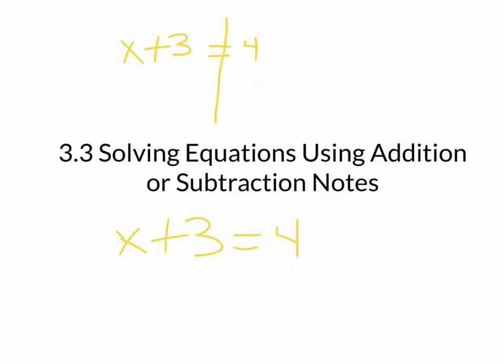Second step: to get rid of a positive 3, you have to subtract 3, because 3 minus 3 gives you 0. So technically you have x plus 0 equals 4 minus 3, which is 1. Anything plus 0 is just x, so x equals 1. The opposite of addition is subtraction, and the opposite of subtraction would be addition, or the inverse.